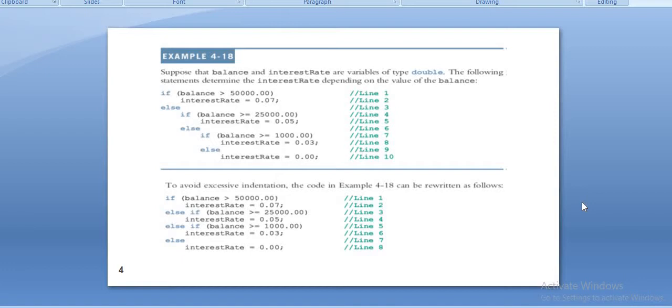One example is given here. Suppose the balance and interest rate are variables of type double. The following statements determine the interest rate depending on the value of the balance.